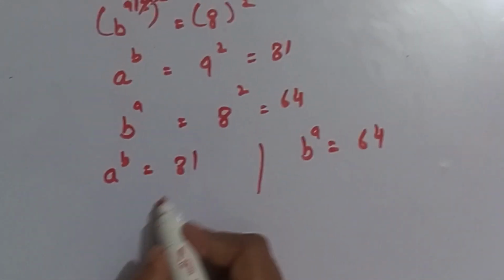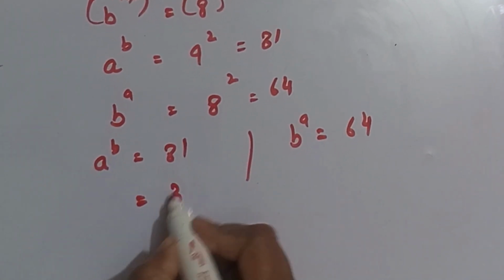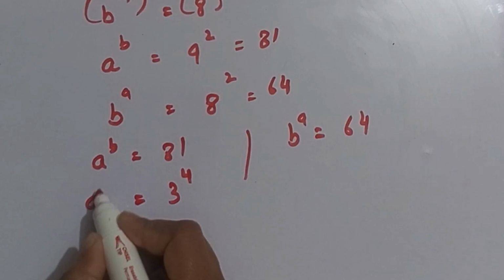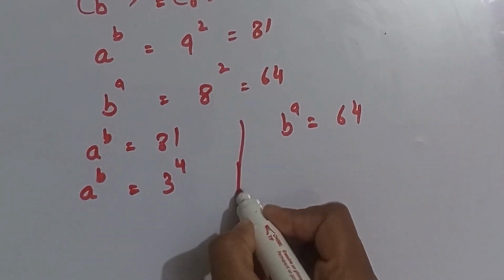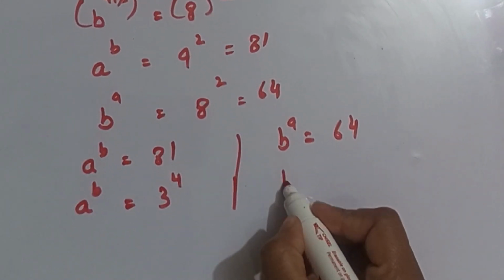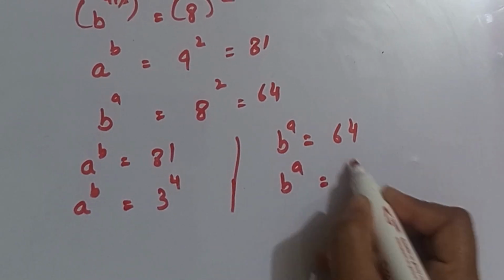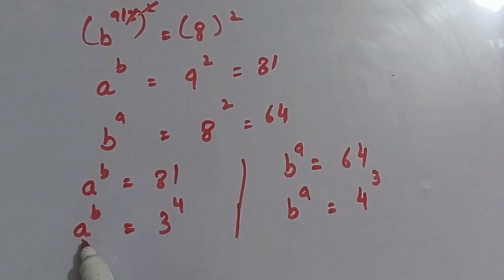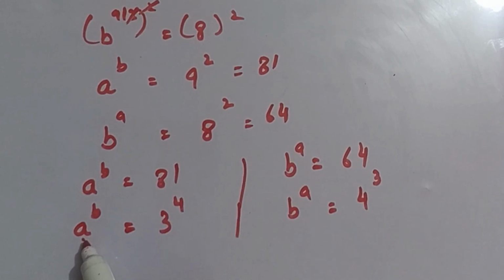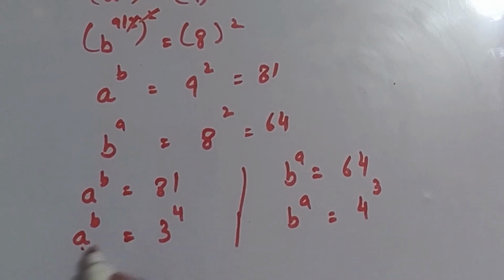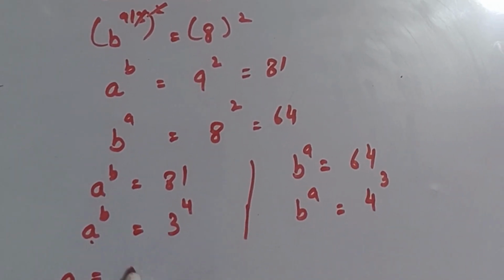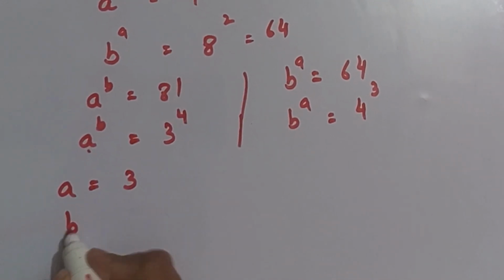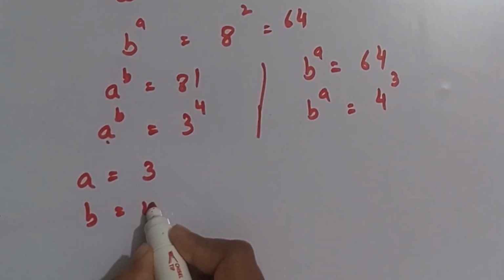Now we write 81 as 3 raised to the power 4, and this is a raised to the power b. Look at the second equation, b raised to the power a. We write 64 as 4 raised to the power 3. If we compare the base, then this implies a is equal to 3, and comparing exponent, b is equal to 4.